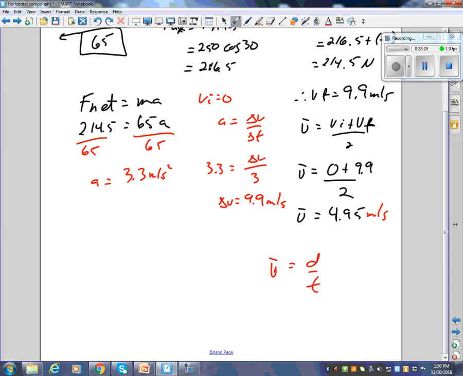Honestly, if I see a question like this, I'm just going to think through. It's all logic. It's like, what's the next step? So V bar is 4.95. We're solving for displacement. The time is 3 seconds, right?